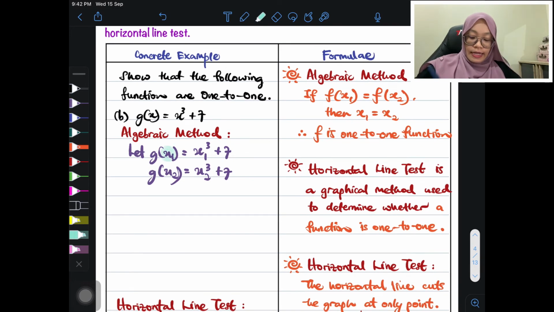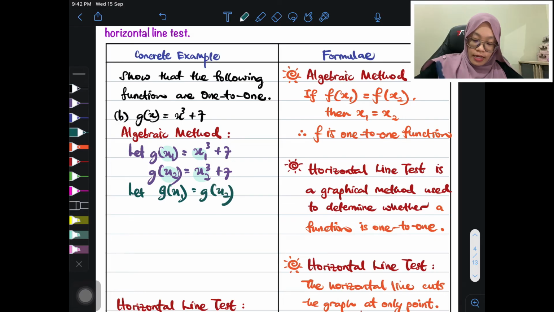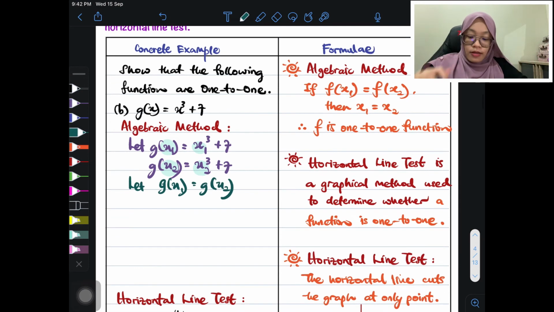Okay, I just give names. As I said, I just name them x1 and x2. I'm just assuming it first. And then I also know that G(x1) will be equal to G(x2). That is the meaning of the algebraic method. We will try to equal them together.